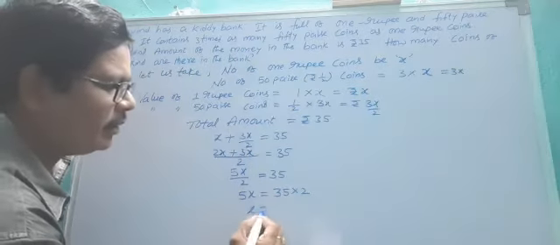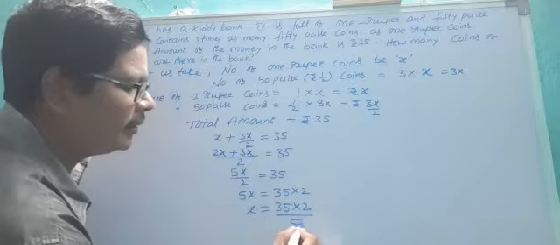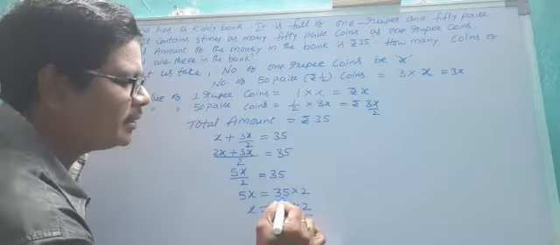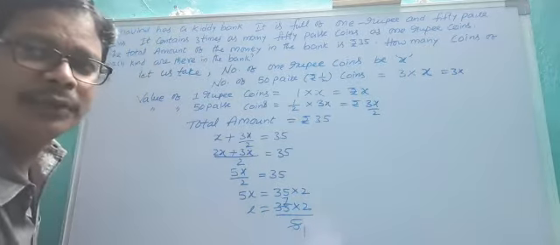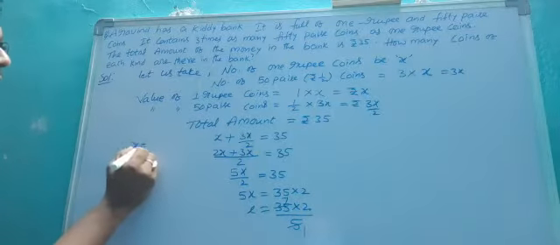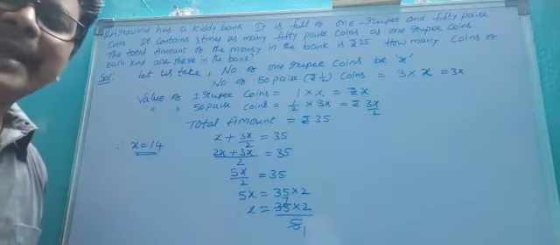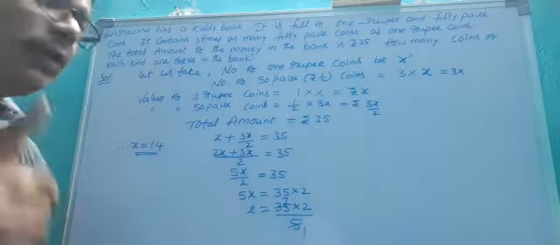So x equals 35 into 2 by 5. 5 ones are 5, 5 sevens are 35, so 7 into 2 is 14. Therefore x equals 14. Here x indicates the number of 1 rupee coins.